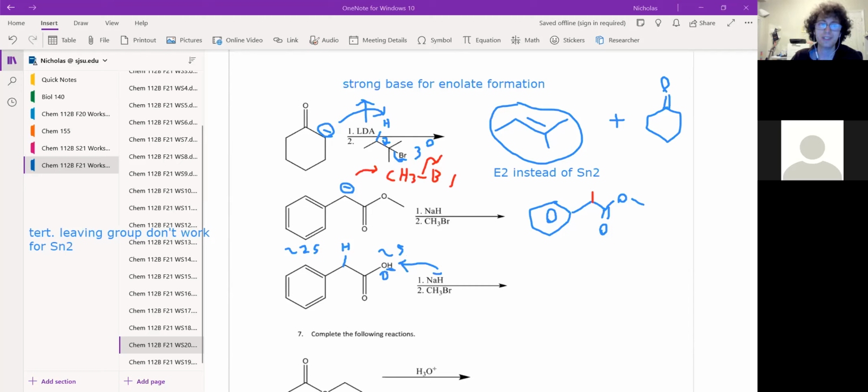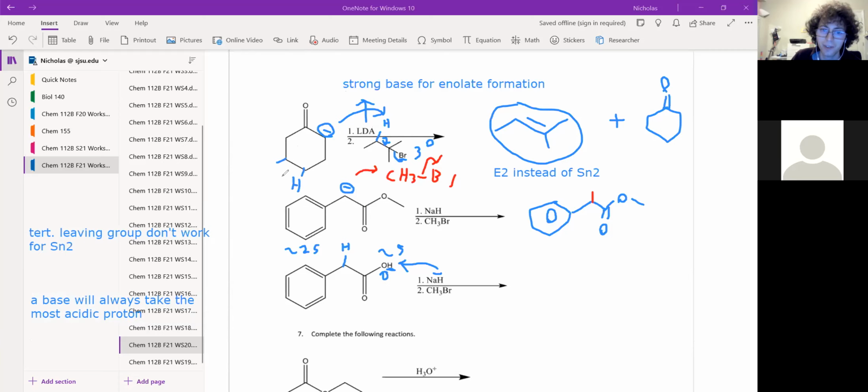So just as a general thing to keep in mind, a base will always take the most acidic. If there's multiple, then it's going to go for the most acidic one. And we have been doing that this whole time. We just didn't think about it as much. Because in this structure up here, the alpha hydrogens weren't the only hydrogens.